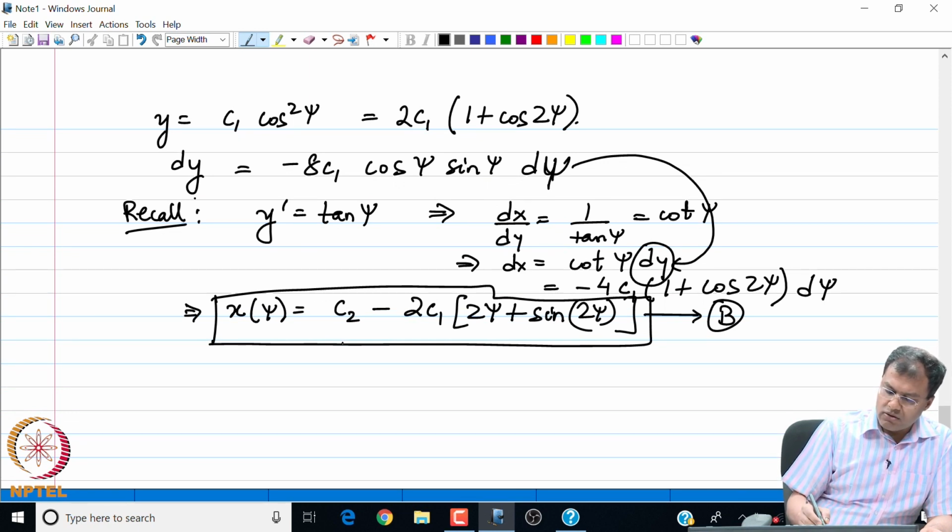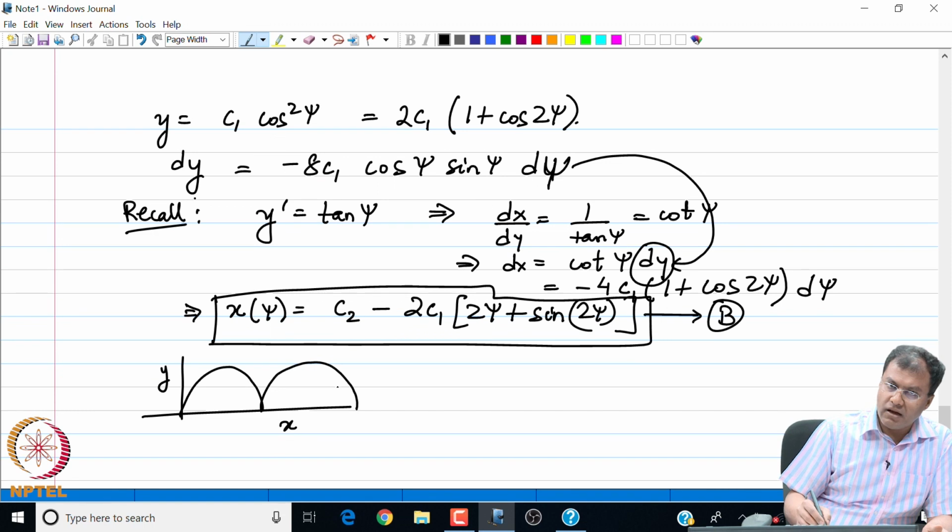Now students should recall that we had already revealed the solution to this problem, the Brachistochrone problem, and I had written a similar solution, except that instead of 2 psi we had psi. So you can just replace 2 psi by psi everywhere. And if people recall, if we were to plot x versus y, the plot follows a locus of a point on the rim of a bicycle wheel.